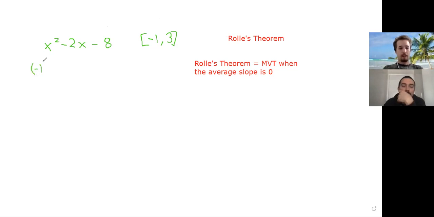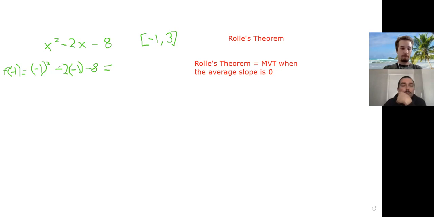for any MVT problem, you need to find your endpoints first. And so if we put in f of -1, we need to find out what that is. And so when you put that in, you get 1 minus 1 plus 3.